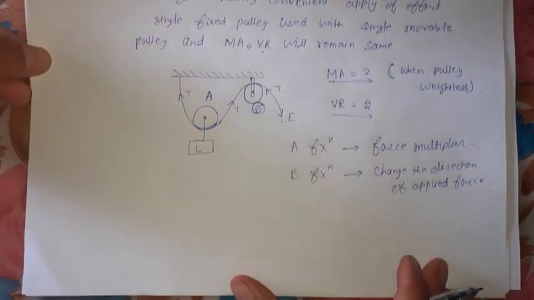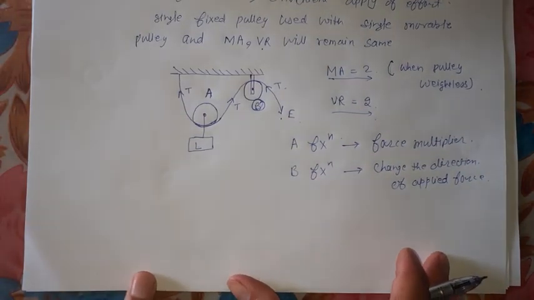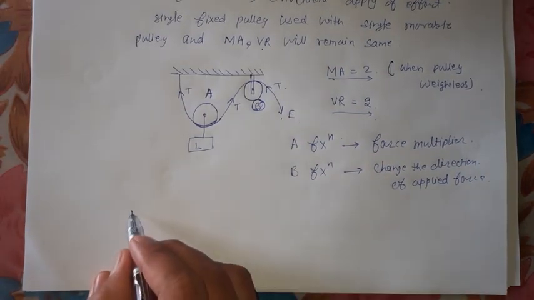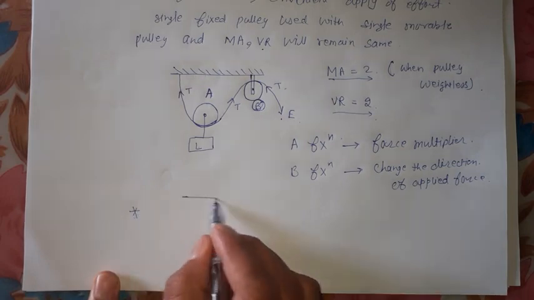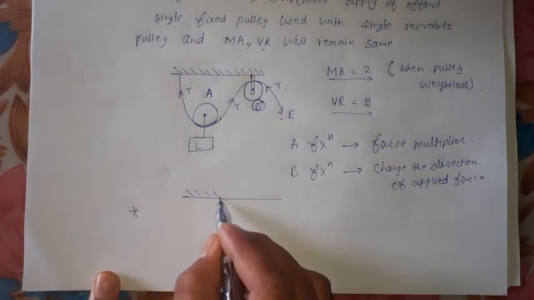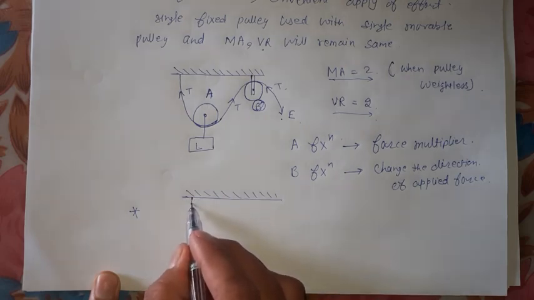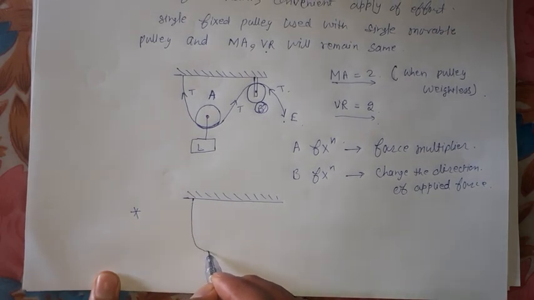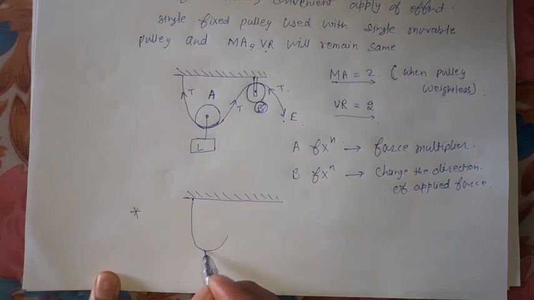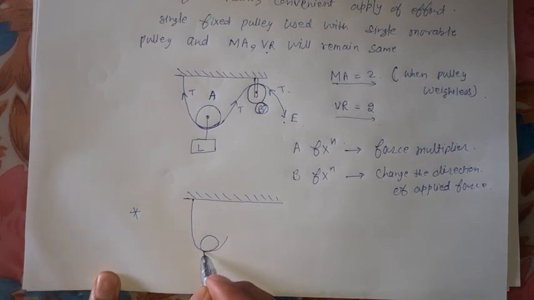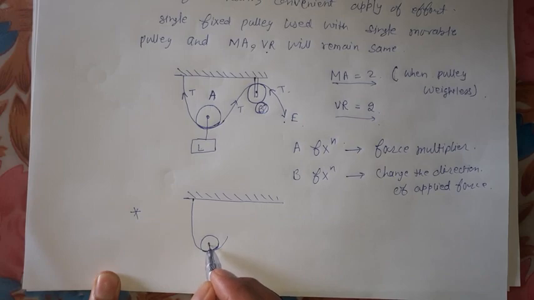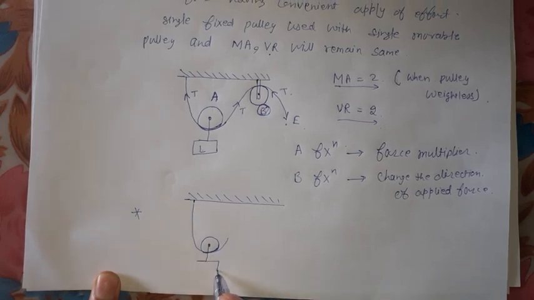Now, student, just to consider this: suppose this is a fixed support, and one end of the rope is attached over here, and here I have a single pulley. This pulley has the load.